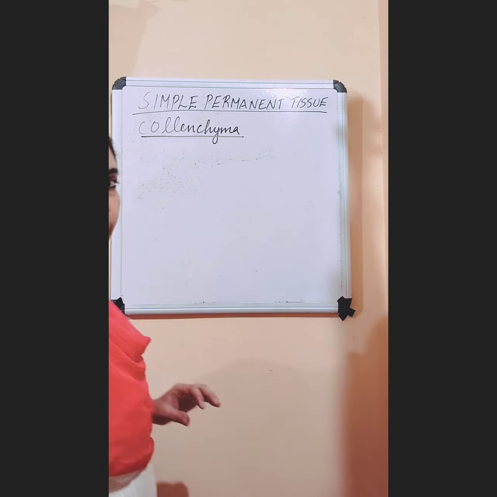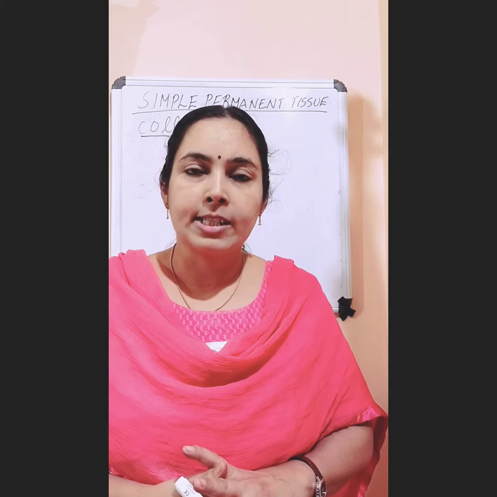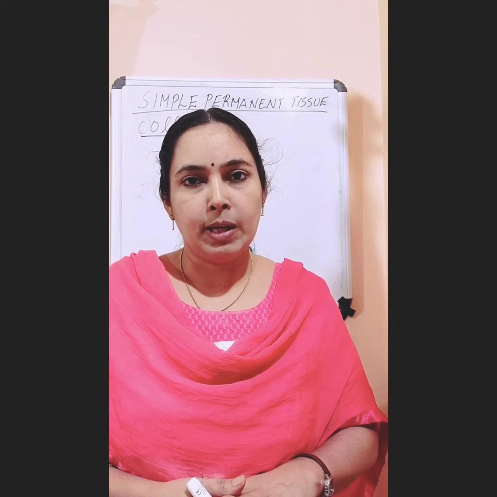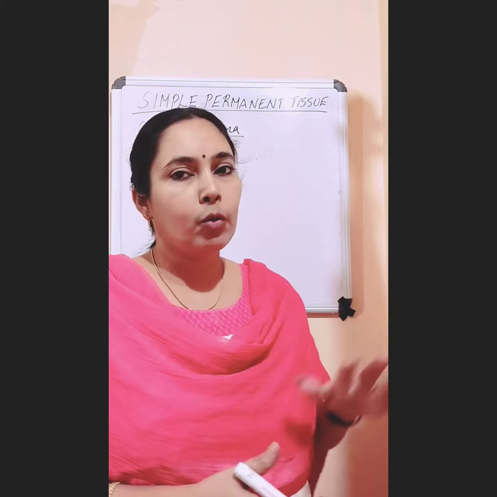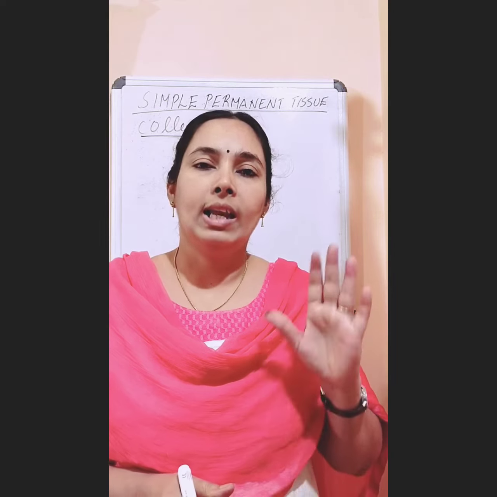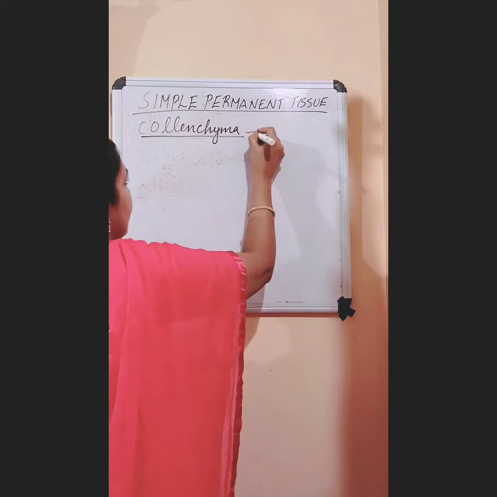We have studied that parenchyma cells are living cells and they are arranged with intercellular space and they are thin-walled. So now what is the structure of collenchyma? These collenchyma are also living cells.